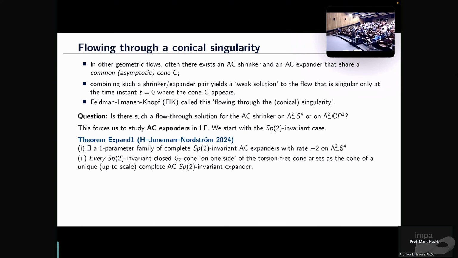It turns out that there's a one parameter family of these complete sp2 invariant expanders, and we can completely characterize what the asymptotic cones are. There's a one-dimensional space of these cones. The torsion-free one sits in there and disconnects that space. And it turns out that all cones on one side of the torsion-free one arise this way.